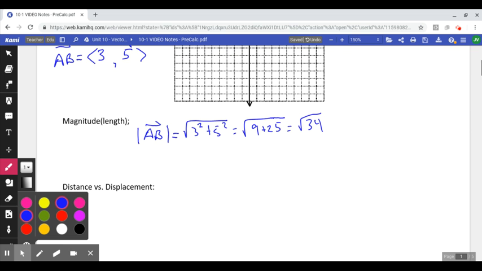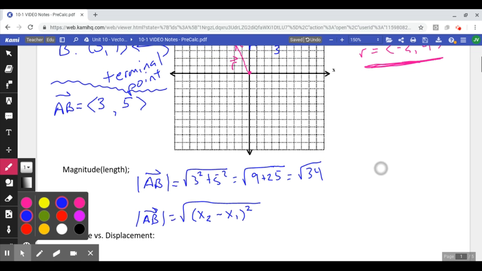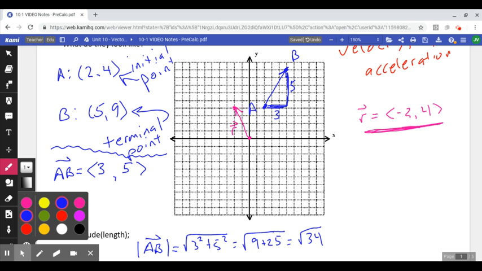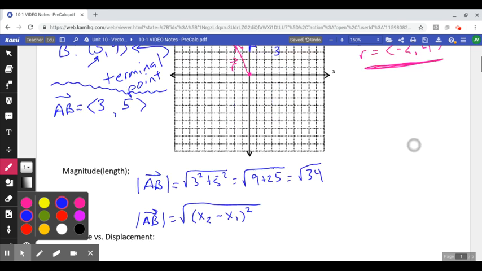If you wanted to know how to do this using the initial and terminal point, then the structure of this is the same as the distance formula. So you would take the terminal x minus the initial x, that gives you the difference between them, and square it. That would be 3 in this case. We could look at that and say, hey, here's 5 and here's 2, so 5 minus 2 is your 3.